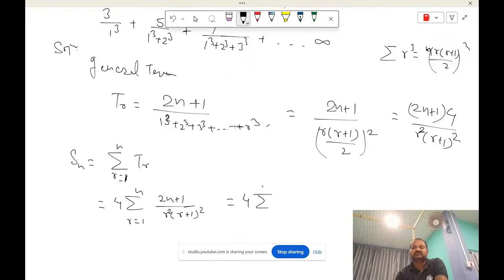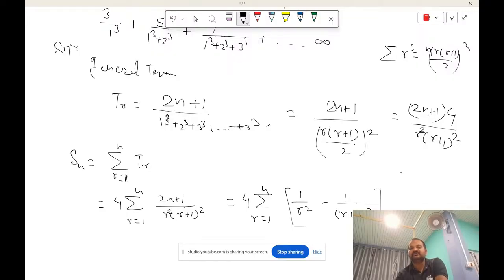using partial fractions, we can write this term as the difference of two terms. How can we write it? We can write 1 upon r square minus 1 by r plus 1 whole square.